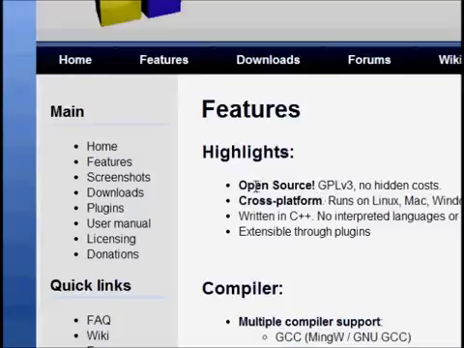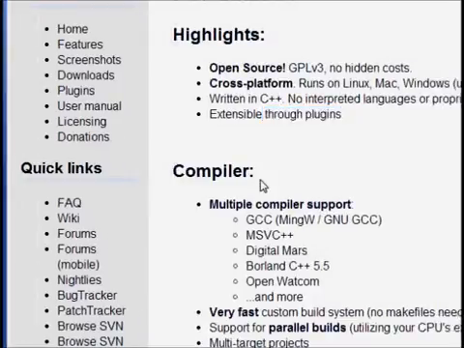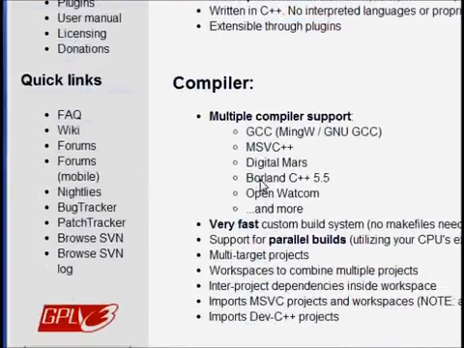And what are the features? Just look at it. Highlights: first, it's open source, you can use it for free. In fact, you can change its source code also. You can extend it using a lot of plugins.